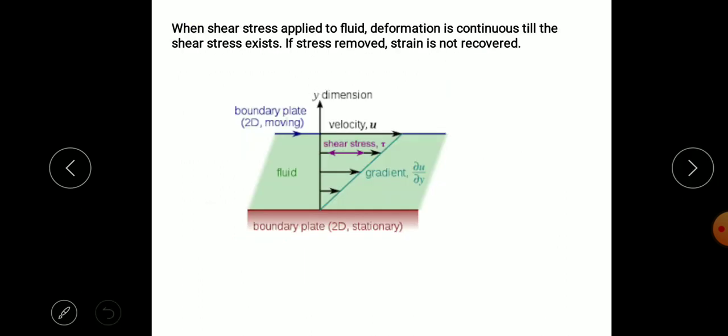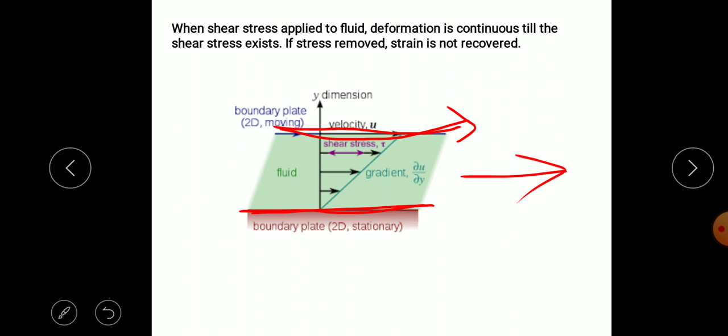But in the case of liquids, suppose force is applied by an upper plate and the bottom plate is stationary. Between them we have considered a fluid. When shear force is applied, the fluid starts flowing.